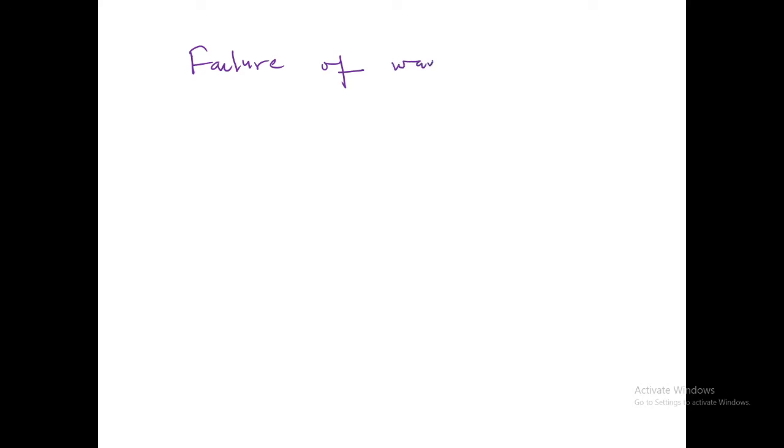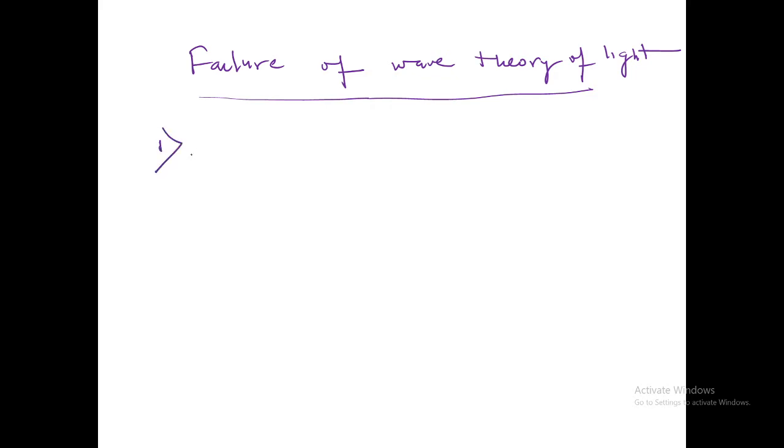First, according to wave theory, when light is incident on a metal surface, energy is distributed continuously over the surface, so that an electron has to wait to gain sufficient energy to come out. But in the experiment there is no time lag.